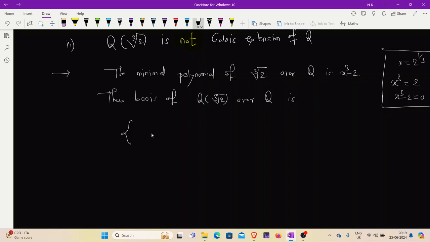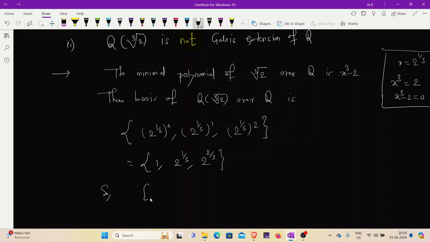So 2 raised to 1 upon 3 means cube root 2 raised to 0, then 2 raised to 1 upon 3 raised to 1, and 2 raised to 1 upon 3 raised to 2, because the minimal polynomial is of degree 3, so we have to go until power 2. So that is 1, 2 raised to 1 upon 3, and 2 raised to 2 upon 3. So this is the basis of Q(cube root of 2) over Q.